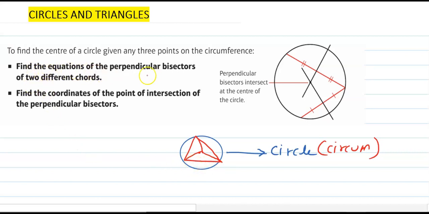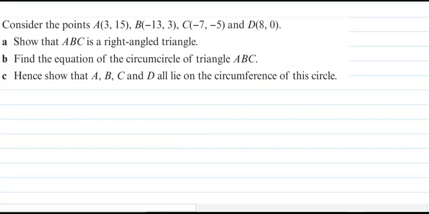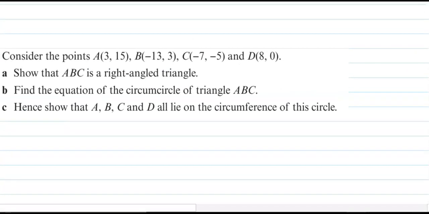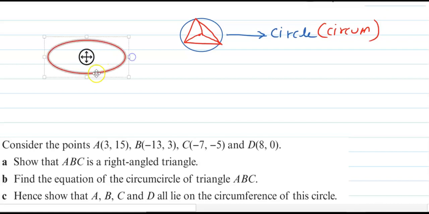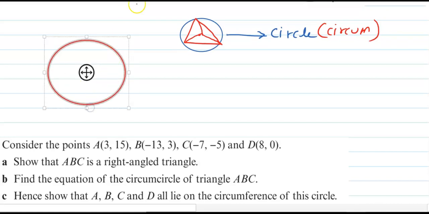First we'll find the equation of the perpendicular bisector of two different chords, and then find the coordinates of the point of intersection of the perpendicular bisectors. So what does it mean? Let's take a circle, and here is a chord.